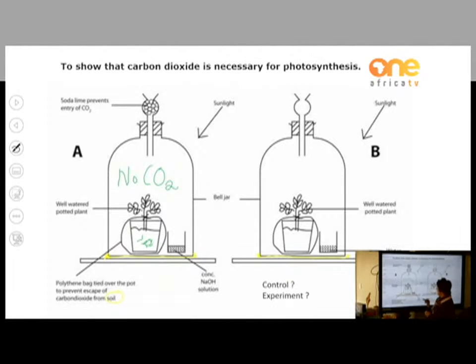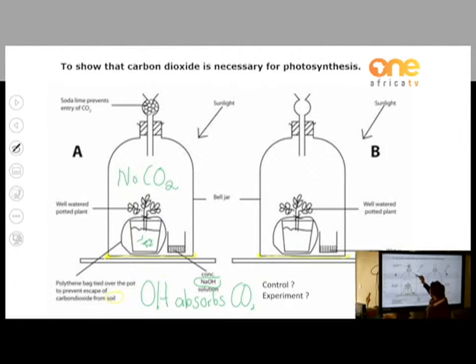Okay, so now I want you to concentrate on why I put in sodium hydroxide. Because all hydroxides absorb carbon dioxide.